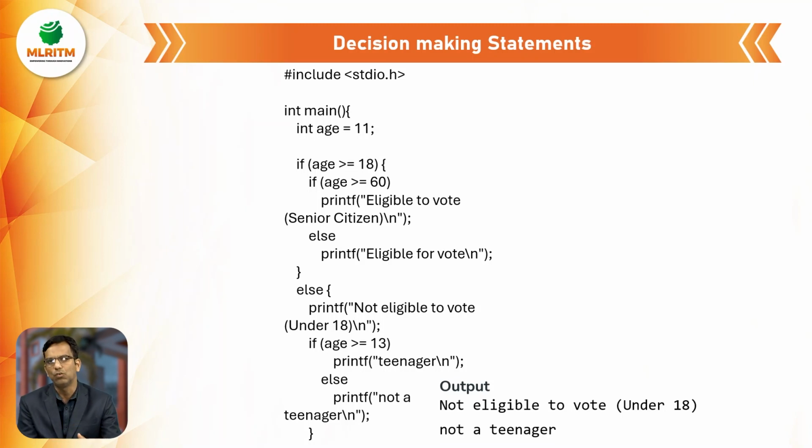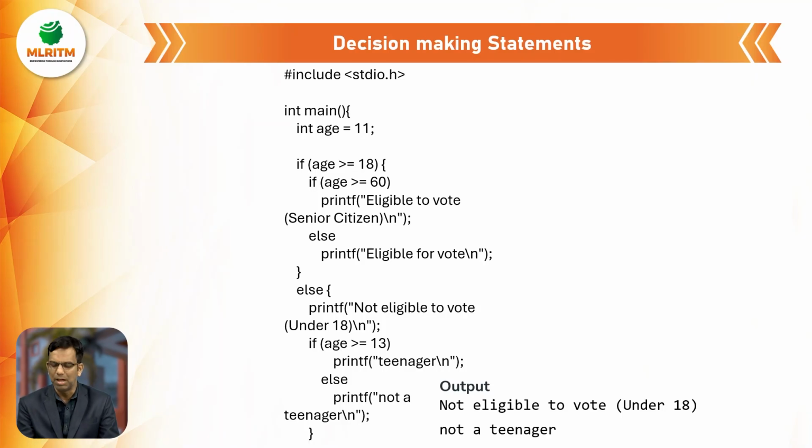The flow of control is going to consider all these three conditions and check them one by one. For example, if you entered an age of 60 or above, then the next statement, "eligible to vote", is going to be executed. Now for example, you entered 18 or above and less than 60. Even though it is 18 or above and less than 60, you are going to get "eligible to vote".